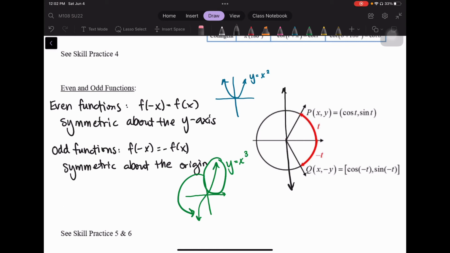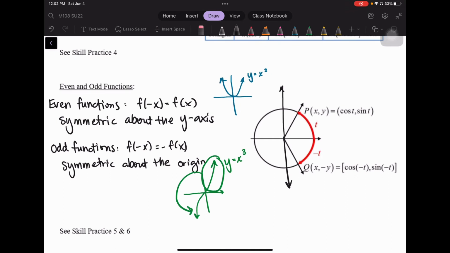What happens when we are dealing with cosine and sine, cosecant, secant, tangent, and cotangent? Are they odd functions? Are they even functions? We can look at, let's say, cosine of pi over 4 and see what happens if we have the cosine of negative pi over 4. The cosine of pi over 4 is root 2 over 2.